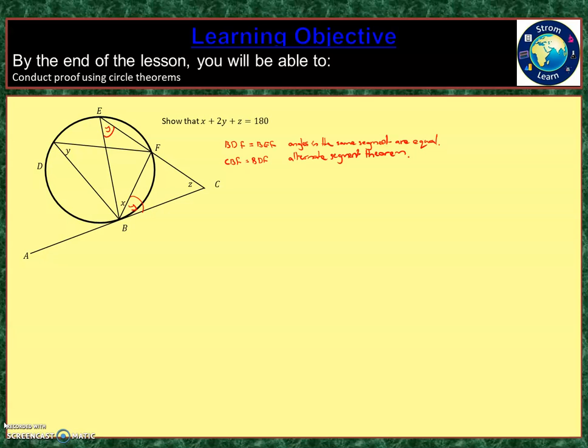I was looking at triangle BFC and working out if I could work out that angle BFC. But it doesn't seem to really be getting us anywhere. But if we look at this from a slightly different perspective, if I think about triangle BEC, well, I have an expression for each of the angles here. So let's have a look at that.